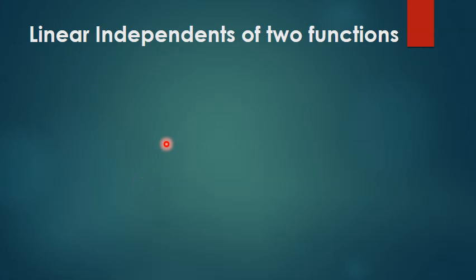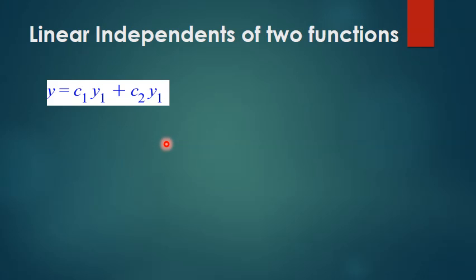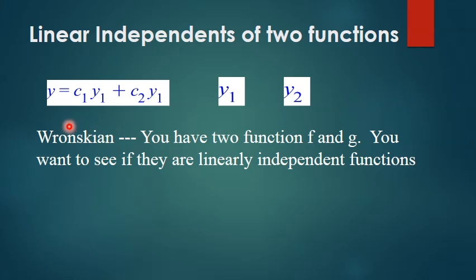Alright, how do you know if y1 and y2 are going to be linearly independent? Well, to do that, we have to use an idea called the Wronskian. It's basically if you have two functions, we'll call them f and g, and you want to check to see if they're linearly independent, you use the Wronskian. What is the Wronskian?